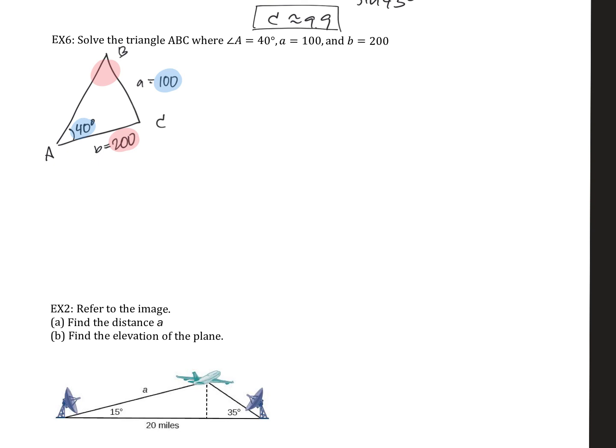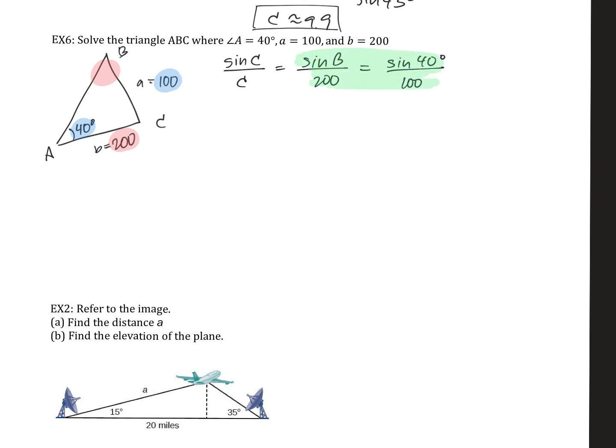Now, how will I solve this? Well, let's go ahead and set up our ratios and then see what we can solve. So sine B over 200 equal to sine 40 degrees over 100. Once again, we can't use any of the C values because there are two variables on that side. So go ahead with these ones.